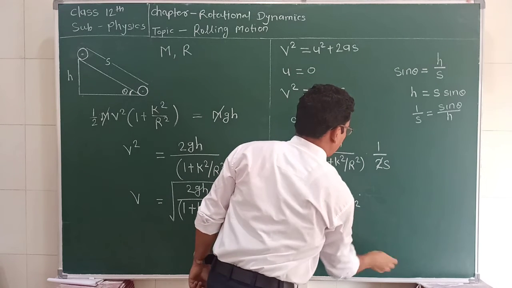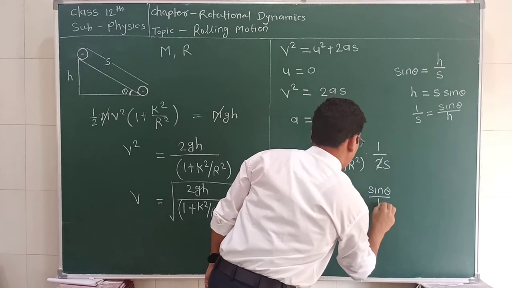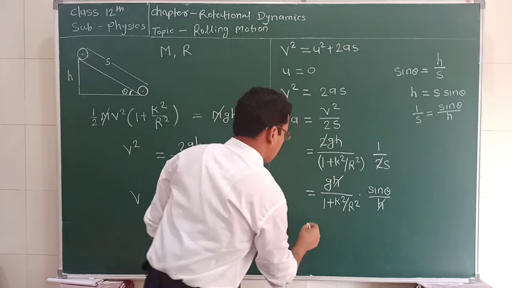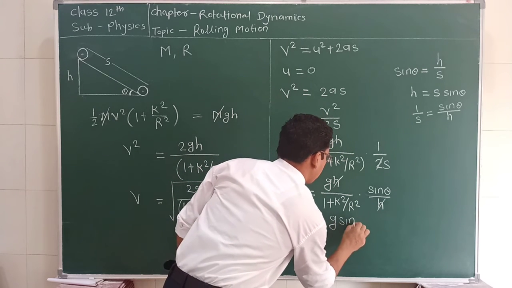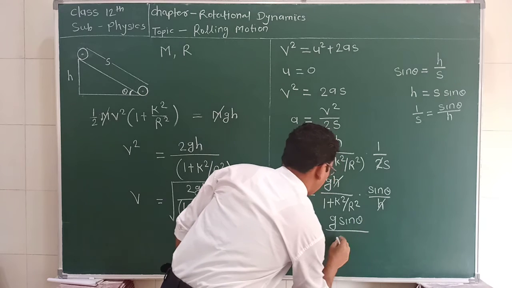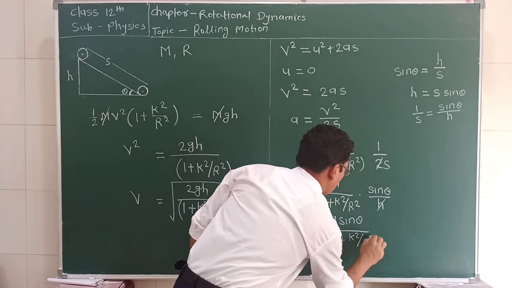So here we write sin θ divided by h. This h and h get cancelled. We can write a = g sin θ divided by (1 + k²/r²).